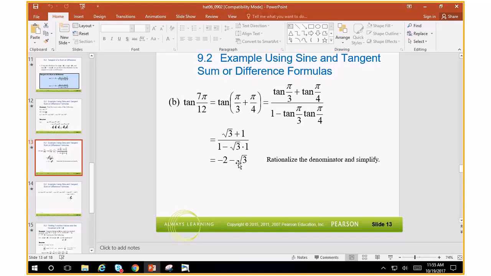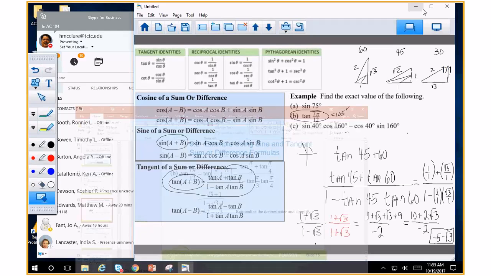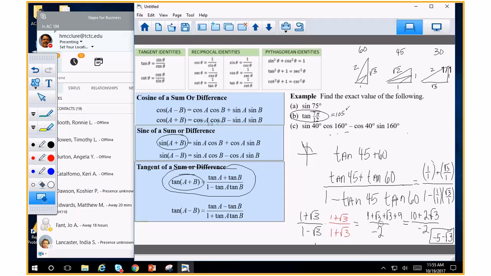Instead of 3, you put the square root of 3 times square root of 3. You put a 9 instead of 3 for the square root of 3 times square root of 3. There, thank you. It's supposed to be 3. I said the square root of 9, didn't I? Yes. Okay, that'd be 3. And then that would be 4. There we go. Negative 2. Thank you very much. Negative 2 minus square root of 3.